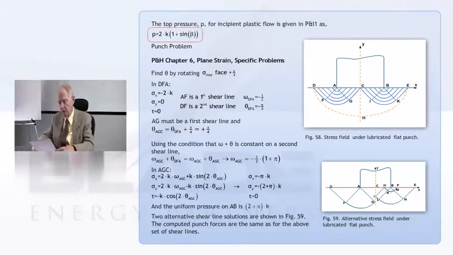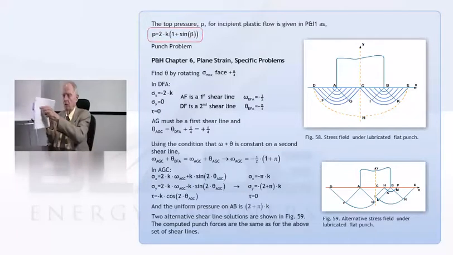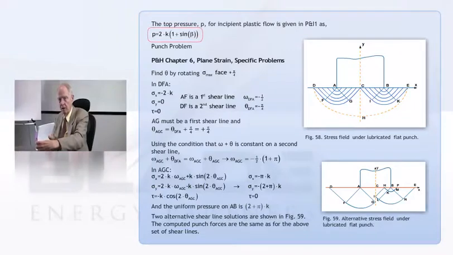is a flat punch problem. It's not the kind of punch that you normally see. Because it's a two-dimensional problem, this is a punch that's real long in this direction, and now you're pushing it into a half plane of plastic material and trying to find out what the solution is.